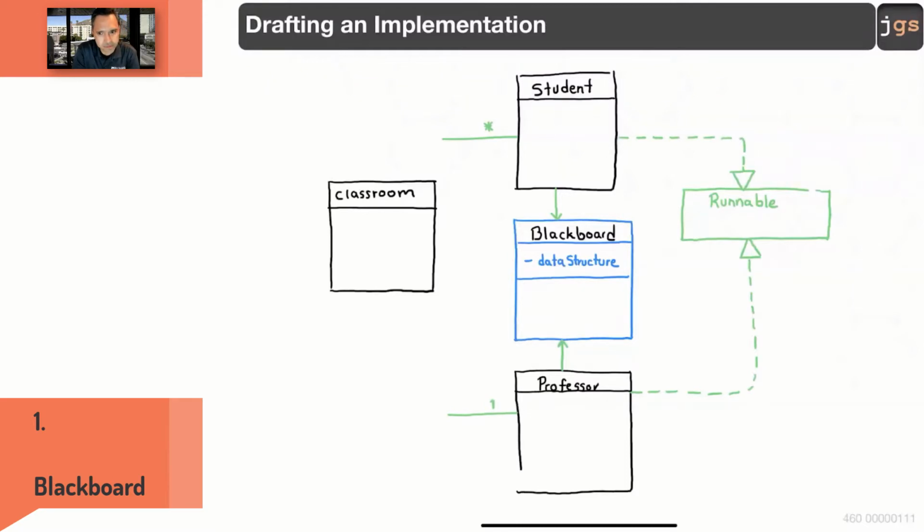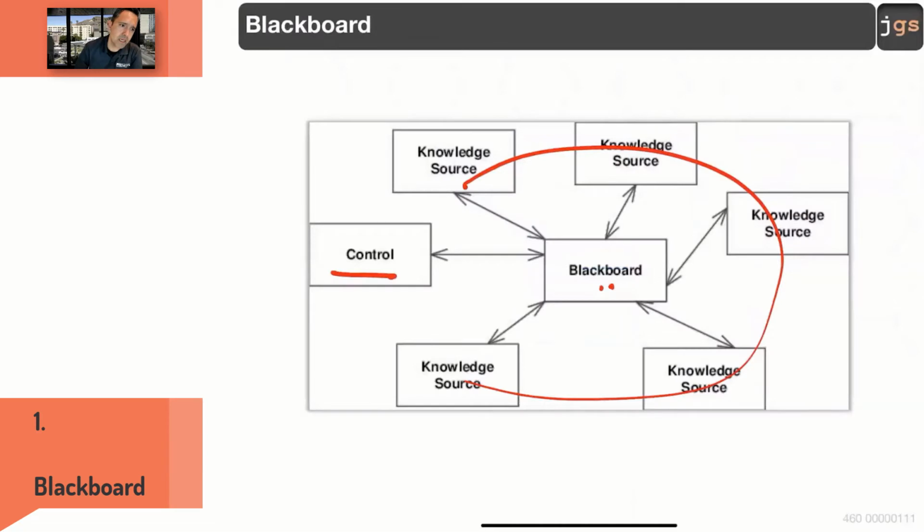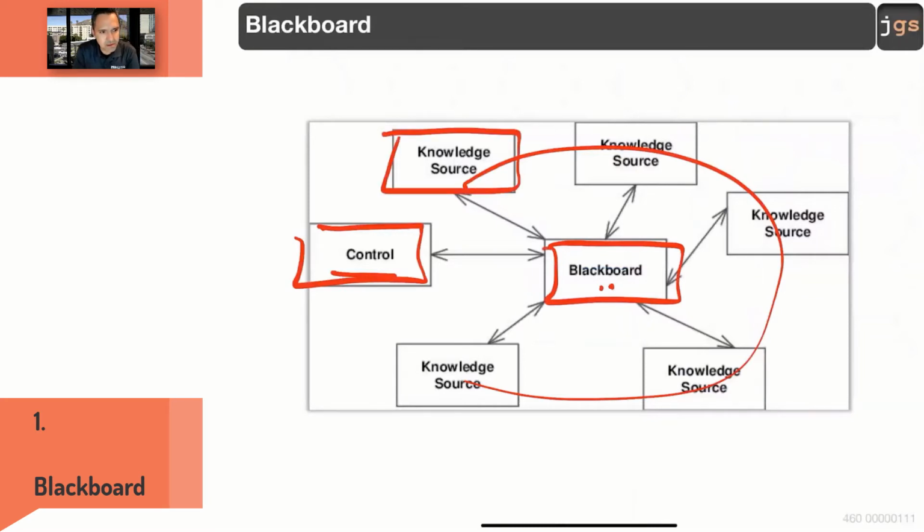In a class diagram, from the scenario that I described, hopefully you agree with me that here we identify 3 elements, 3 classes: the class Blackboard, the class control or professor, and the class knowledge source or student, depending on whether you want to follow this diagram or my analogy.